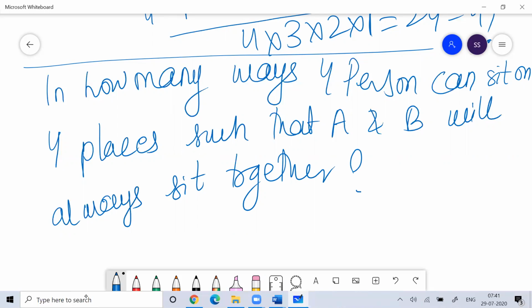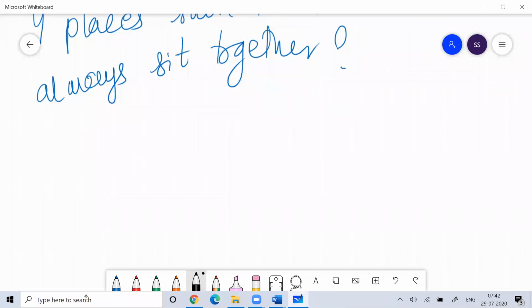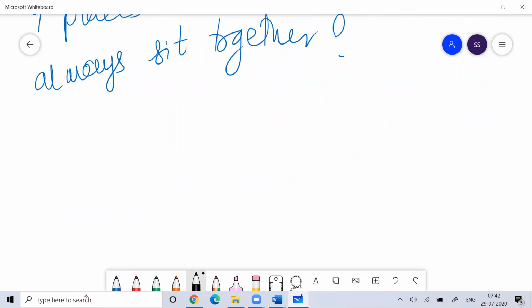Isn't there just 4 ways then? No, because A and B should be together. So for A and B, there are only 2 ways. Together A and B can do it in two ways.